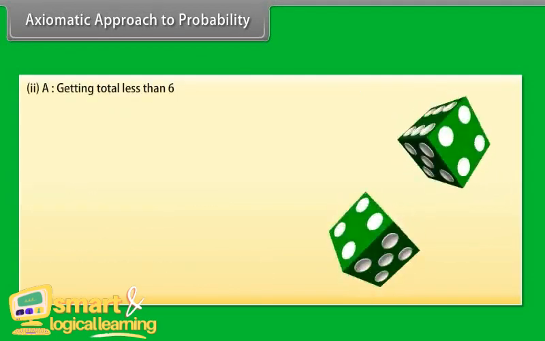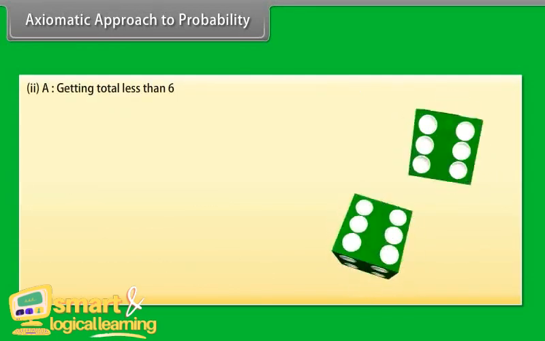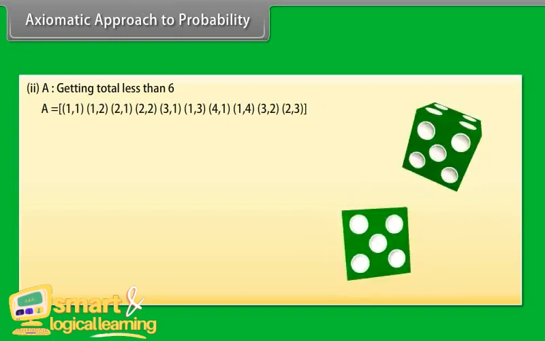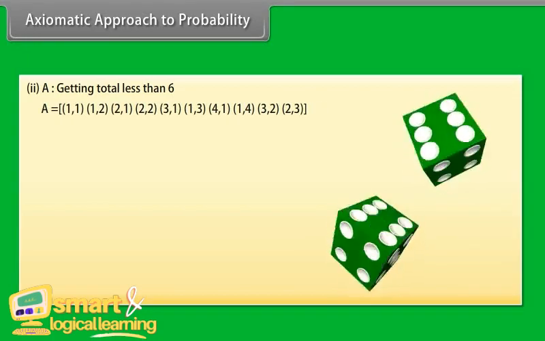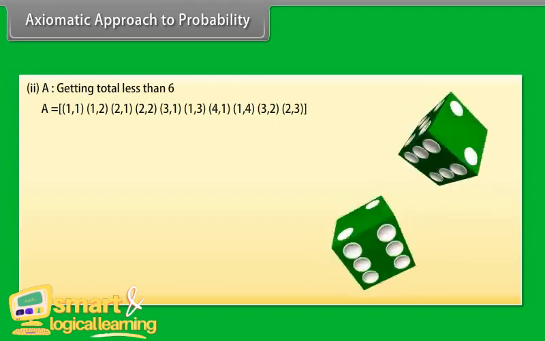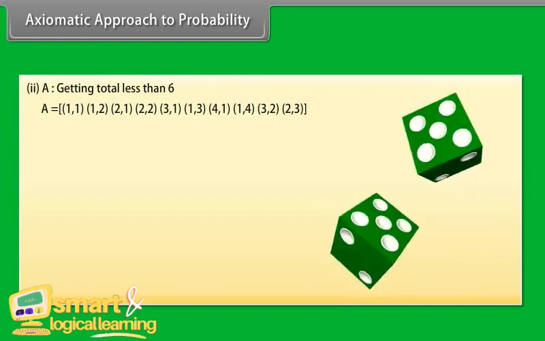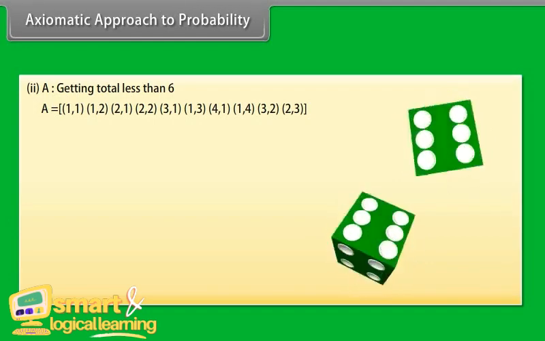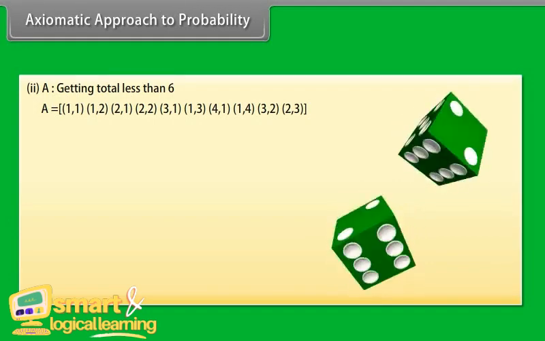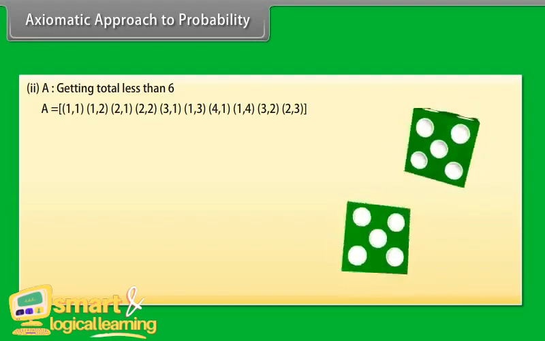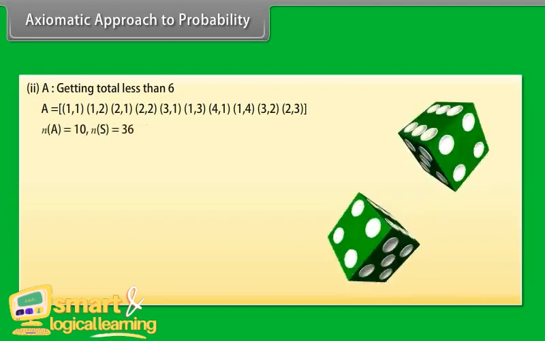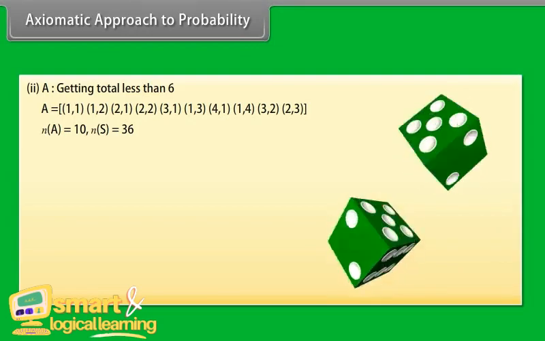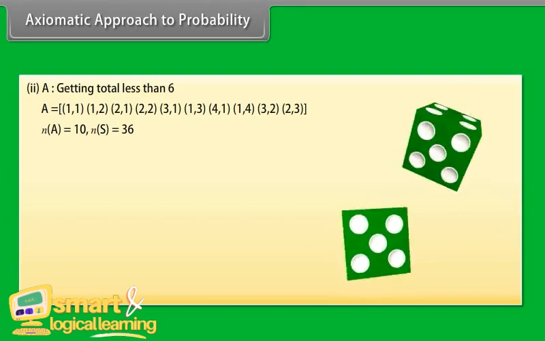2. A: getting total less than 6. A is equal to (1,1), (1,2), (2,1), (1,3), (3,1), (1,4), (4,1), (2,3), (3,2), (2,2). n(A) is equal to 10. n(S) is equal to 36.